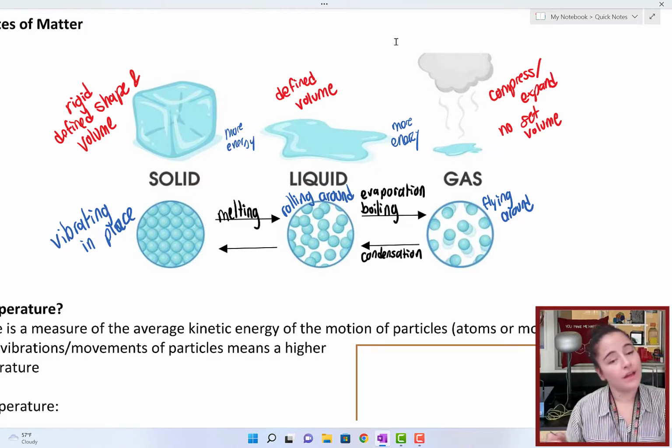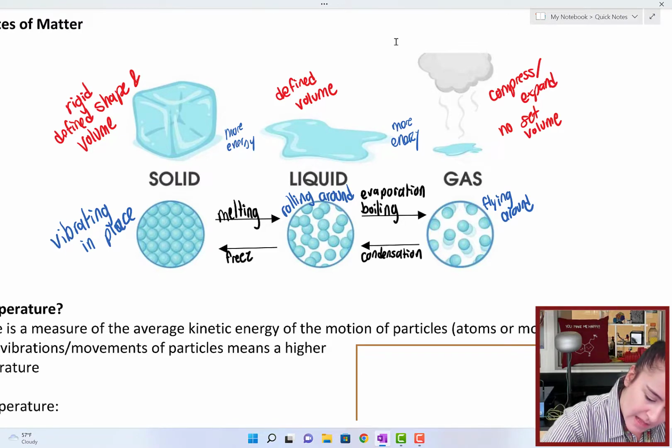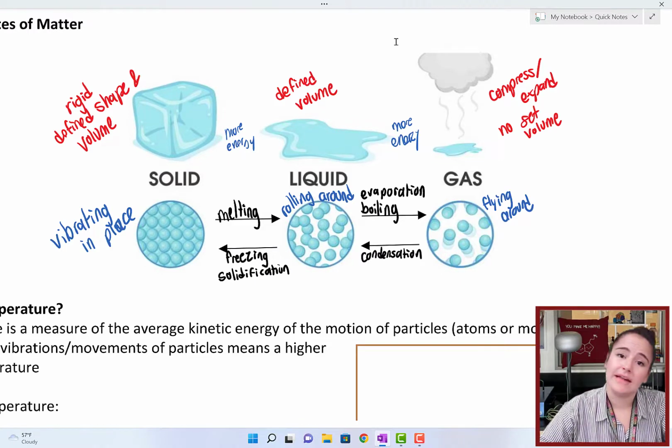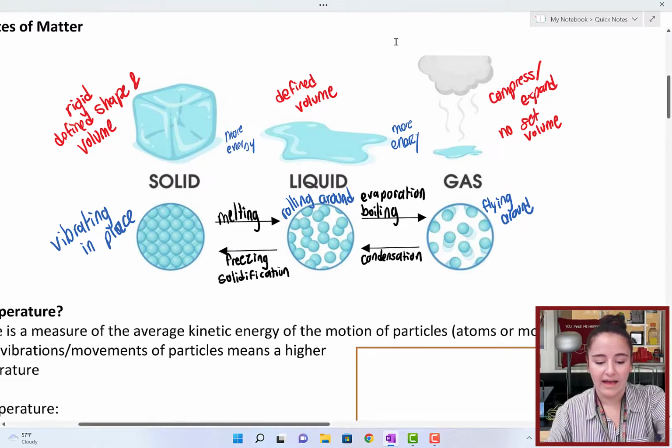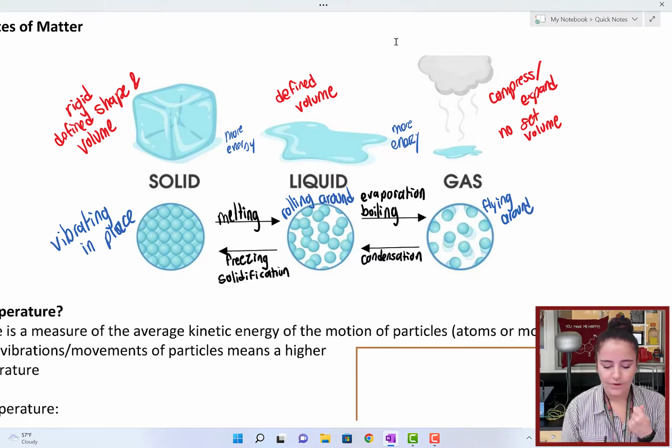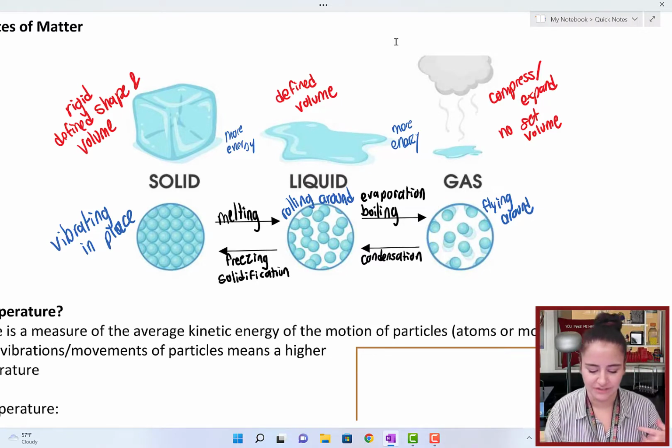And going from a liquid to a solid is called freezing. Every now and then you'll see it called solidification. Now this normally depends on what time scale you're doing it on. If it occurs really fast at a cold temperature, we call it freezing, whereas if it occurs more naturally over a longer scale of time, we tend to call it solidification.